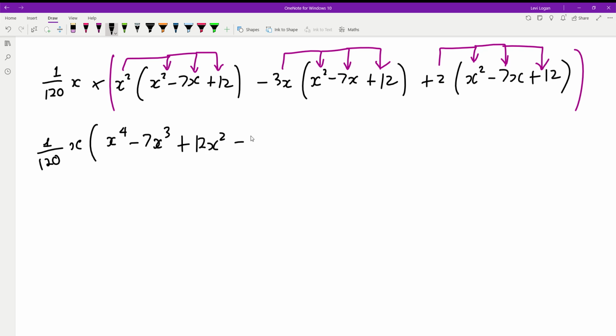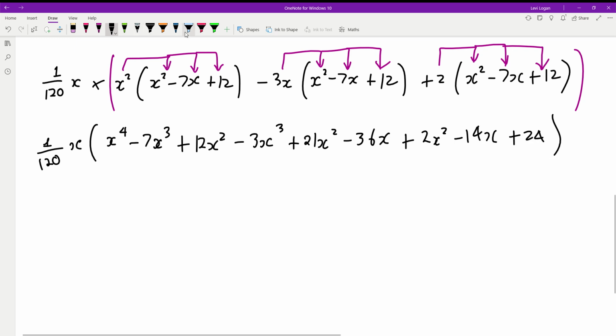This bit here will be minus 3x cubed, and negative 3 times minus 7 is going to be positive 21x squared, and then negative 3x times 12 is going to be minus 36x. This bit here is going to be plus 2x squared, minus 14x, and then plus 24, okay?